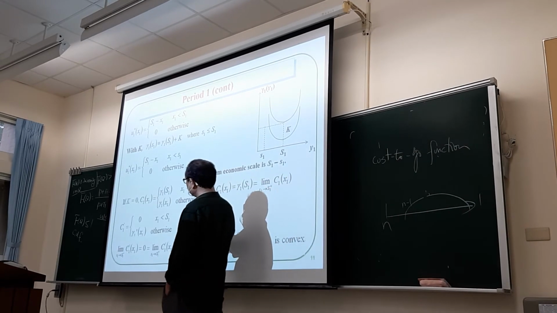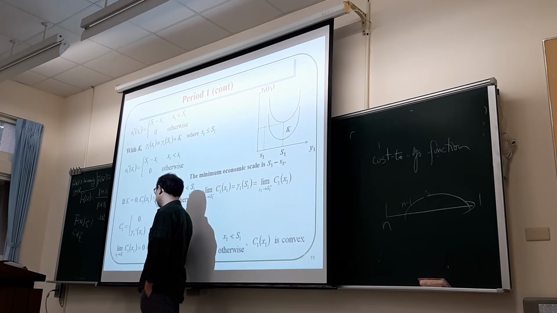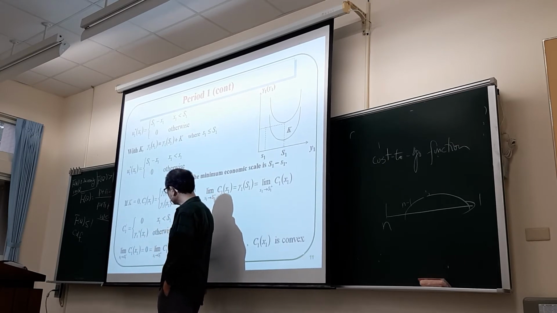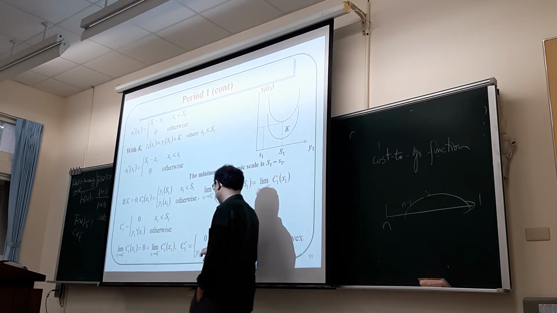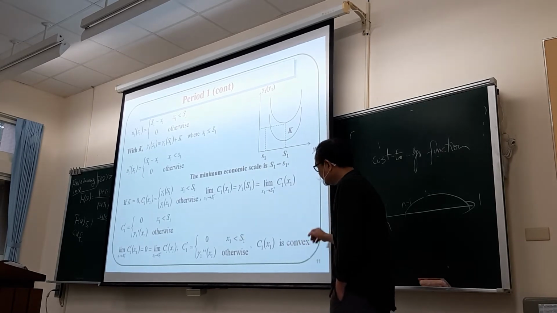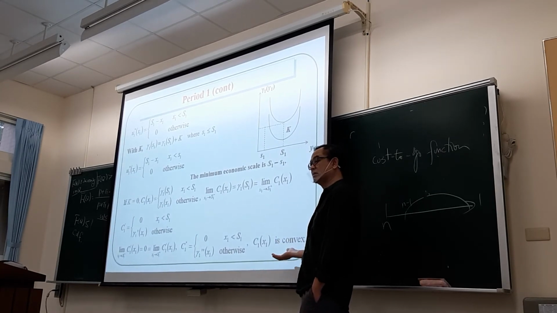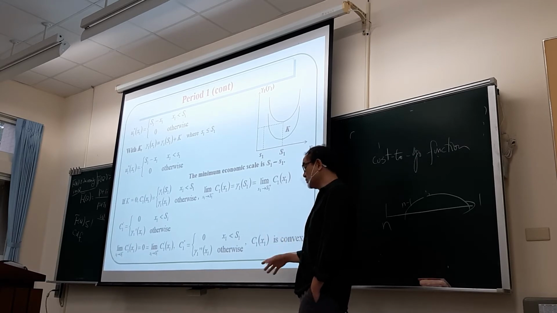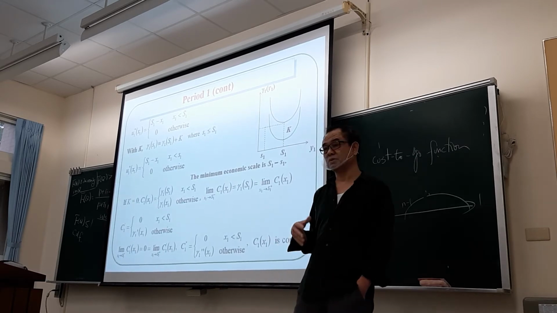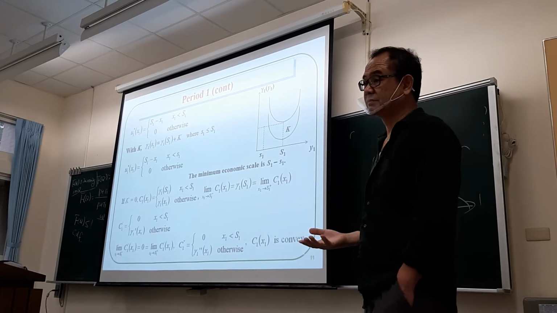Then we take the first derivative, just like the Miles-Bendel without setup cost. Then we can prove C1 of X1, just like the C1 in the Miles-Bendel problem, is convex because the setup cost is 0.